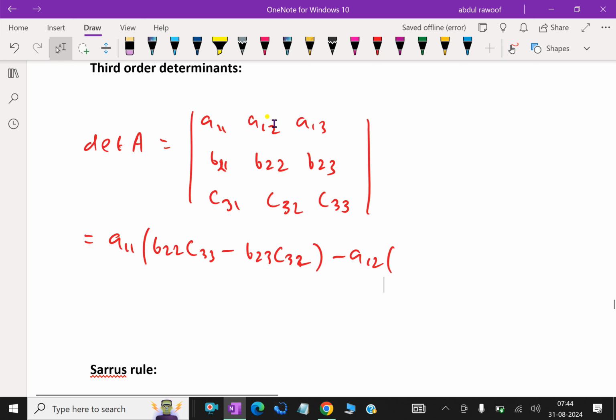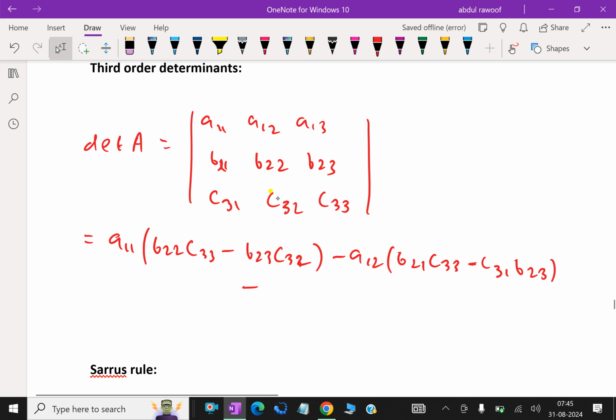That is, A12 means this column and this row is removed, and we have to do this one, B21 C33 minus C31 B23. Look at here one more time. This for the second, B21 C33 and C31 B23.